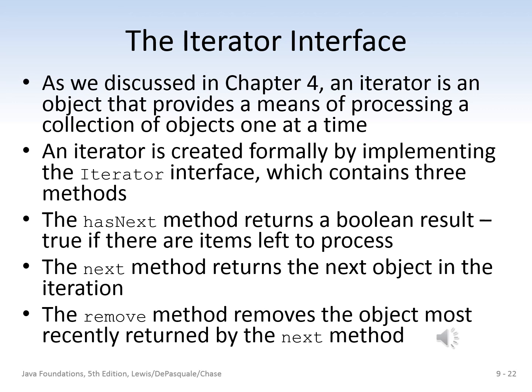The hasNext method returns a Boolean result if there are items left to process. That can be your Boolean in a for loop or whatever loop you want to use. The next method returns the next object in the iteration, and the remove method removes the object most recently returned by the next method.